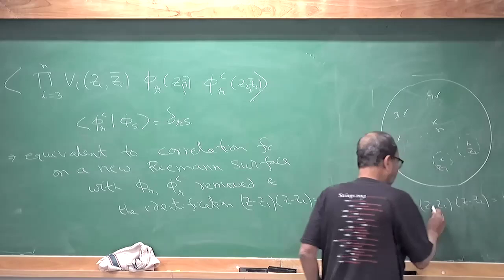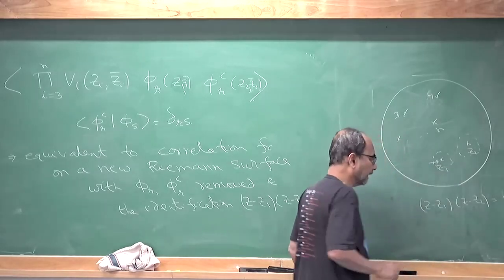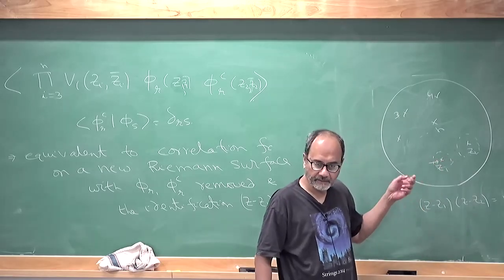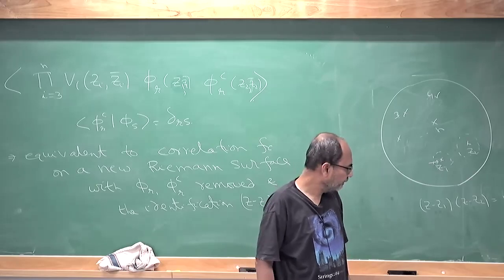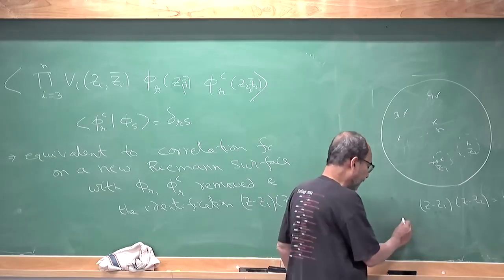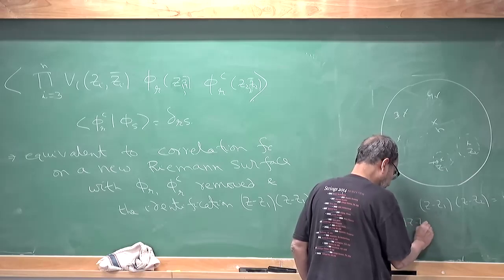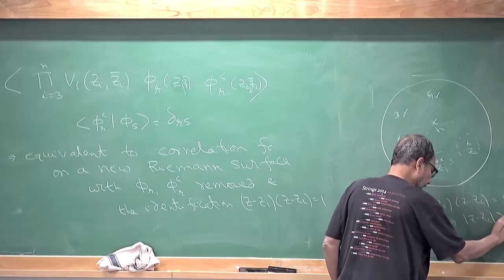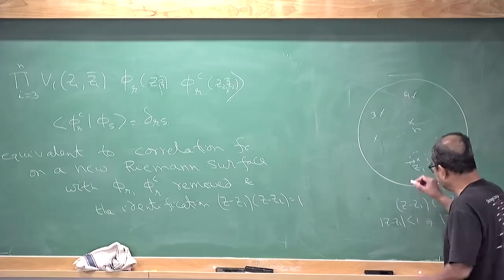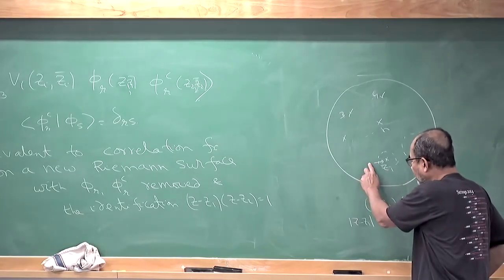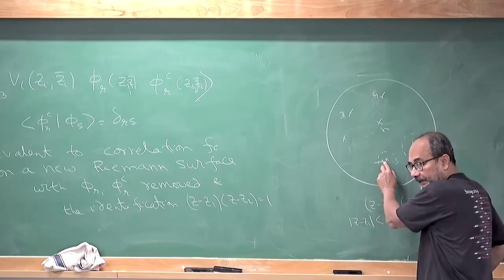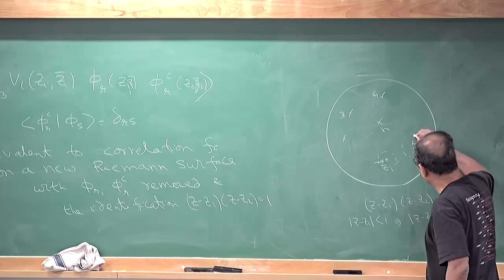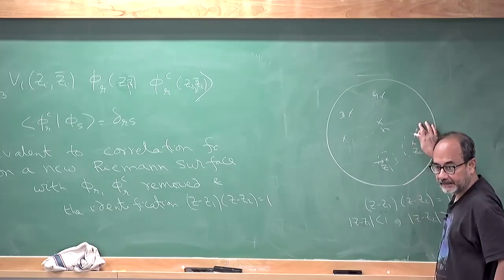Now suppose you are going inwards. When mod z minus z1 is less than 1, this means mod z minus z2 should be greater than 1. So what this is saying is that if you move on the new Riemann surface along this line so that you are approaching z1, it's as if you are coming out from this circle.